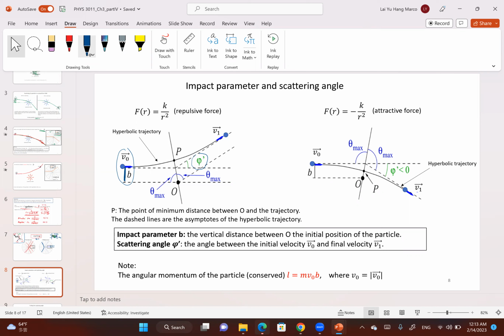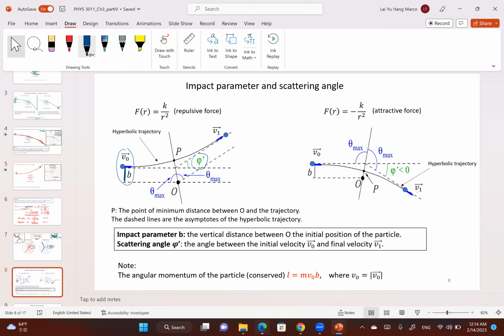So now I have these two angles here, which I call theta max. Theta max is the angle between the two asymptotic lines and this OP. What is the P?